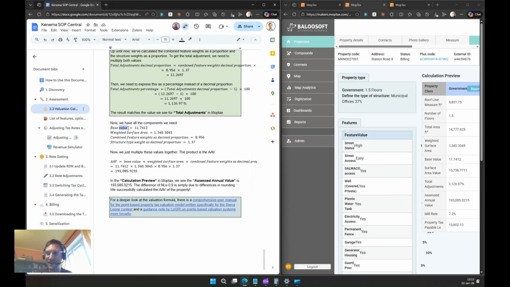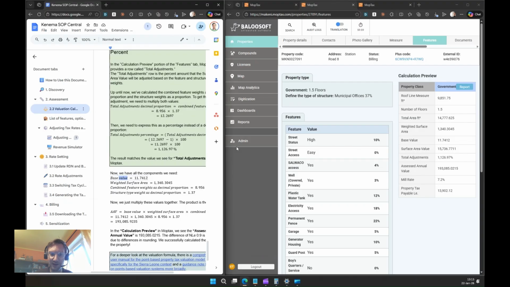We use the base value. It's a little bit difficult on my screen because it's not so large, but we use the base value, 11.74, which is here. We got the weighted surface area, 1,340, which is here. We further adjusted these by the total adjustments.